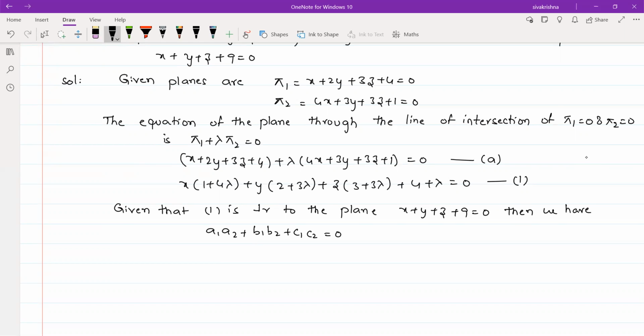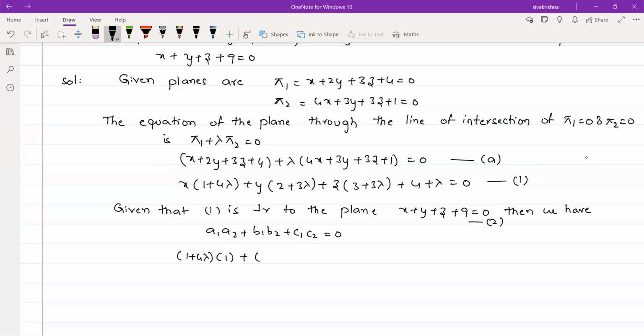Here a1, b1, c1 are the coefficients of x, y, z in equation 1, and a2, b2, c2 are the coefficients of x, y, z in equation 2. a1 is the coefficient of x in equation 1, that is 1 plus 4 lambda, into a2, the coefficient of x in equation 2, that is 1.